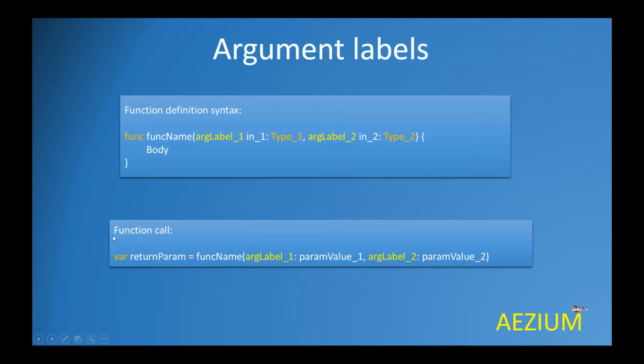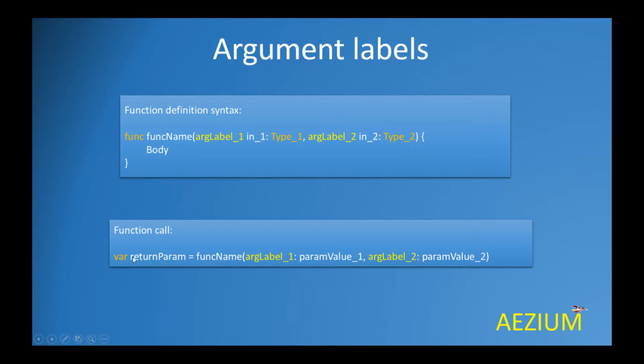When we are calling a function which has argument labels, we have to use the argument labels in the function call. If the argument labels are present, we are not allowed to use the parameter names.